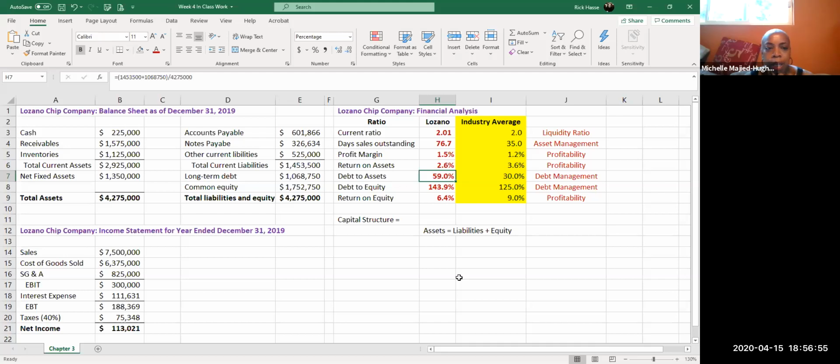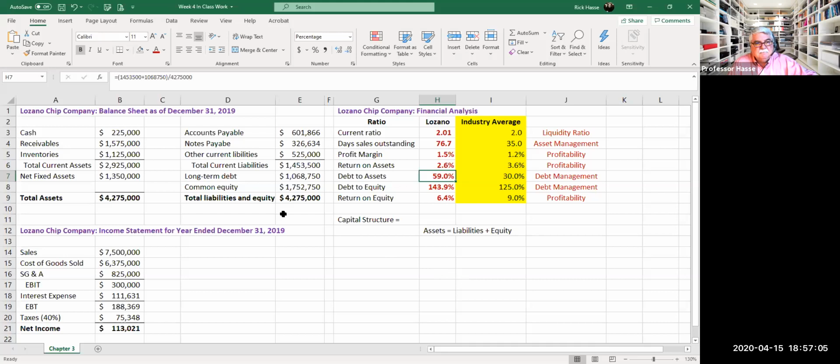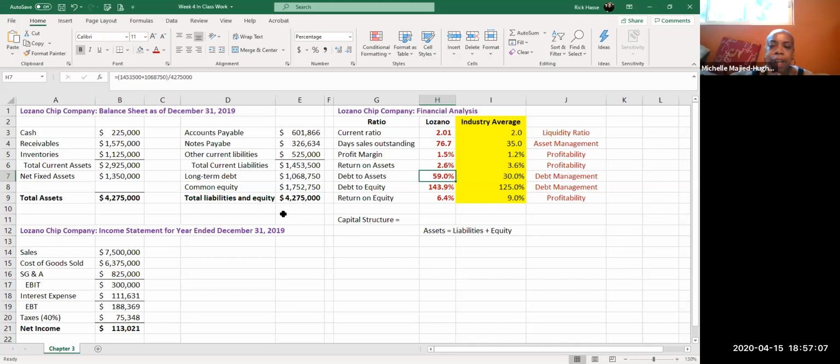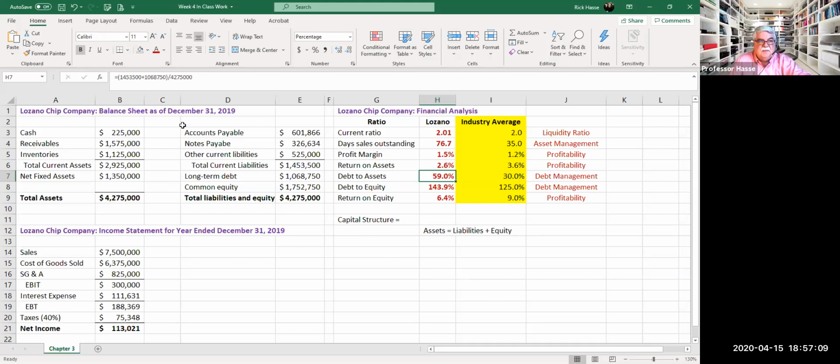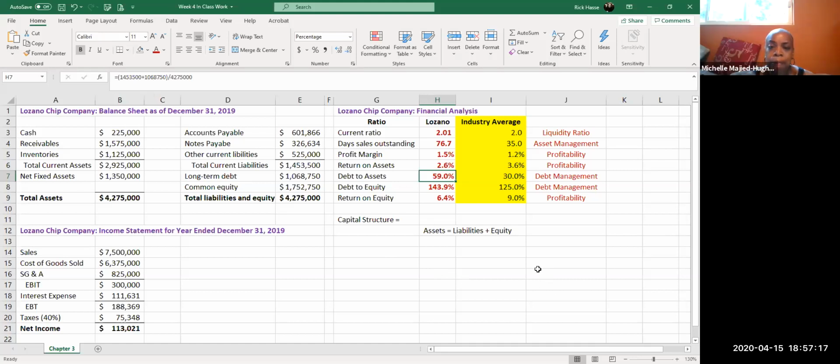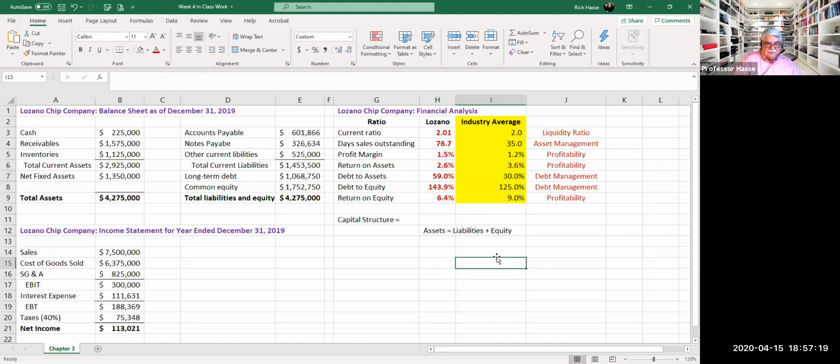Yes, I took the current liabilities plus the long-term debt and then divided it by the total assets, 4,275,000. Did you put the 1,453,500 and the 1,068 into parentheses? Yes. So you did it exactly this way.